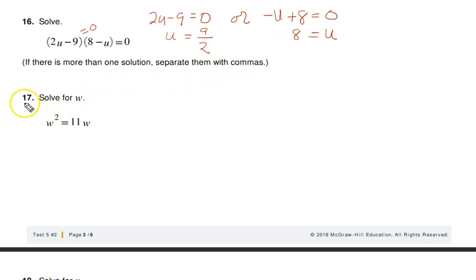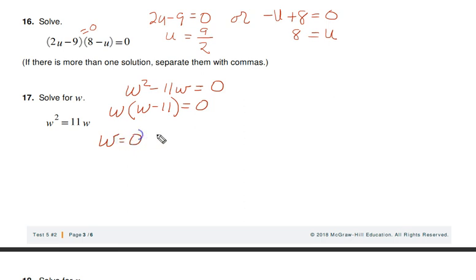Okay, jumping to number 17, we did a little bit of this. I have to put it in standard form. W squared minus 11w equals 0. We're factoring out the w. W times w minus 11 equals 0. Equate each factor to 0.